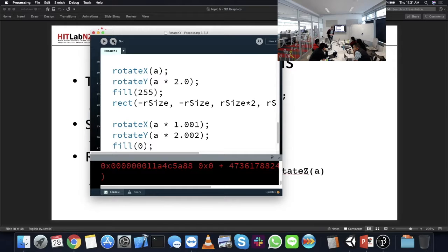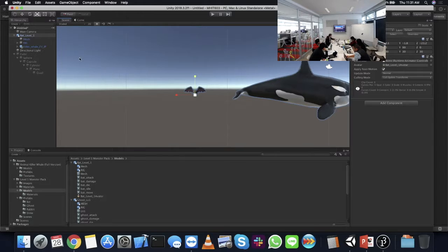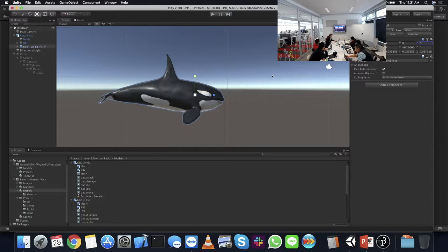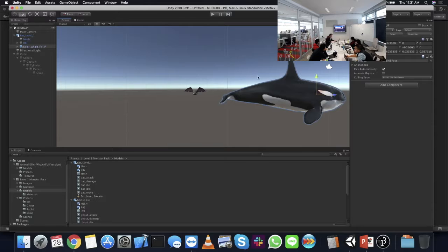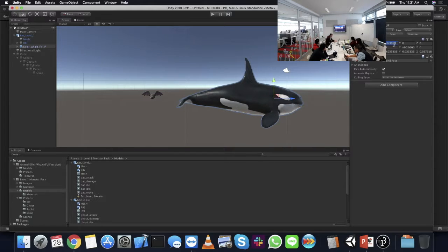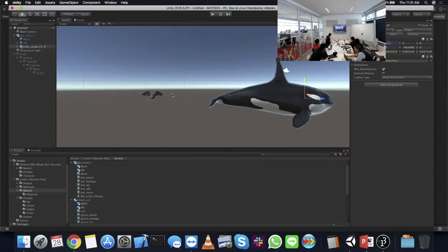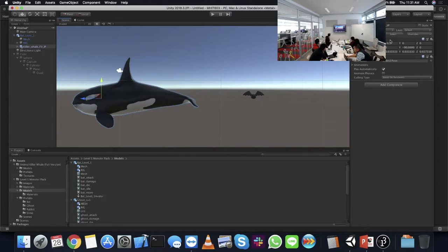So I'll show you again an example in Unity. Let's put everything back to normal. Actually, let's flip the camera around the other way.